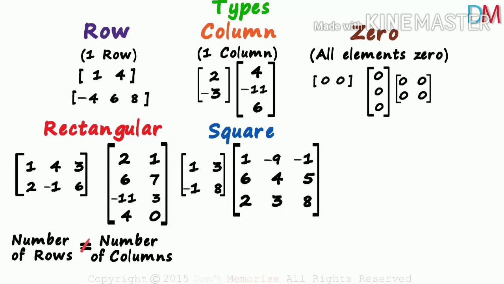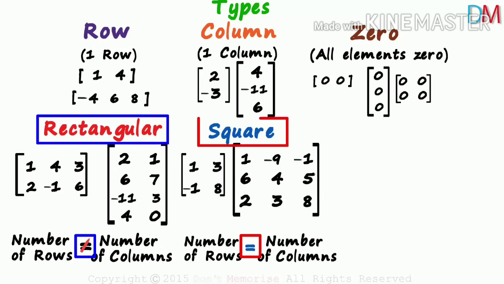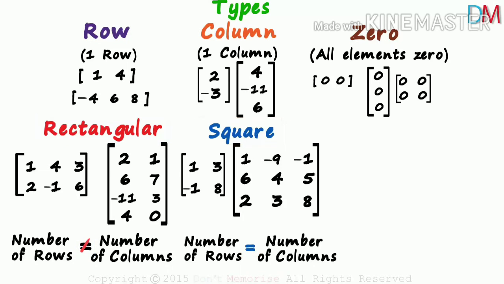The first matrix has 2 rows and 2 columns, and the second one has 3 rows and 3 columns. In a square matrix, the number of rows will always equal the number of columns. If not equal, then rectangular. If equal, then square.